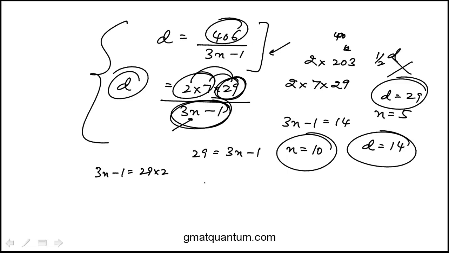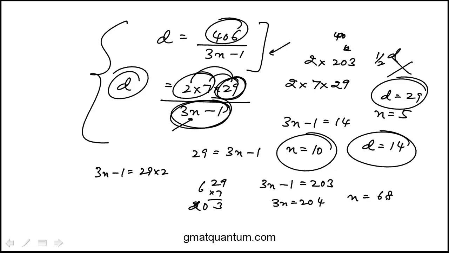But you could also have 29 times 7, which is 203. 3n minus 1 is 203. 3n is 204. N is 68. But you'll notice that in this case, d would be 2. And if you remember, they gave us a condition that each unpainted section, half d, is greater than 2. So that's what would have eliminated that.